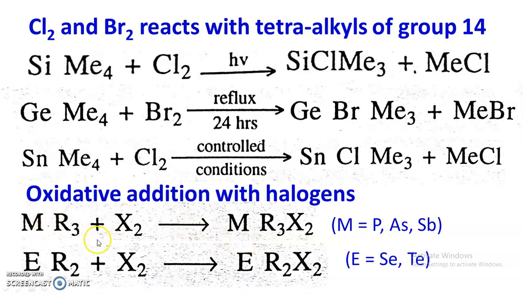So MR3 plus X2 gives MR3X2. The oxidation number of the metal is extended, and there is oxidative addition of halogen.